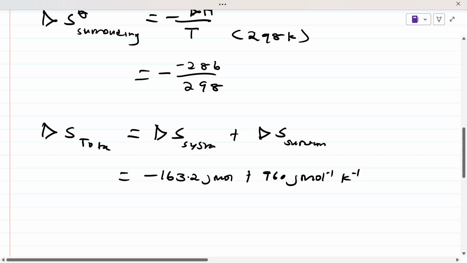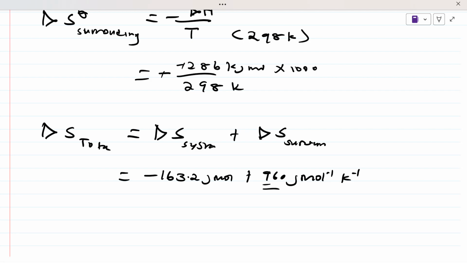To explain further how I arrived at this answer, this one was given in kilojoules per mole. Because the negative and the negative will cancel out, I'll have a positive value. Then I multiply this by 1000, and when I divide, I get 960 joules per Kelvin per mole.